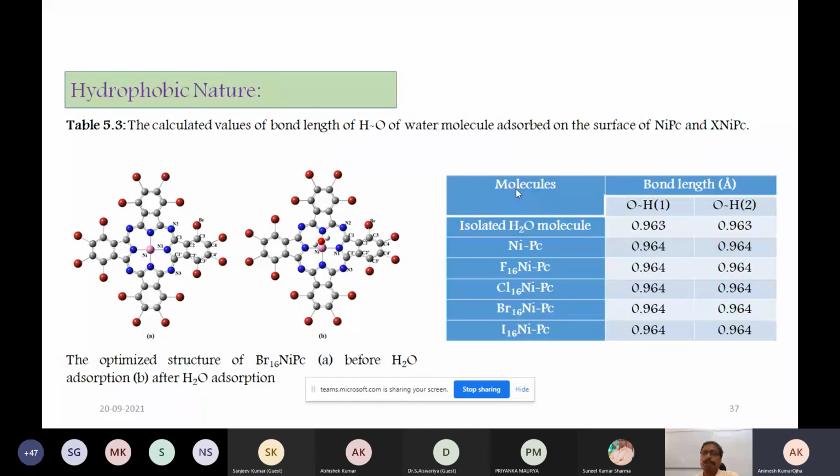For enhancing the efficiency, as I said initially, when you make the perovskite solar cell, we use perovskite as an energy harvesting material.